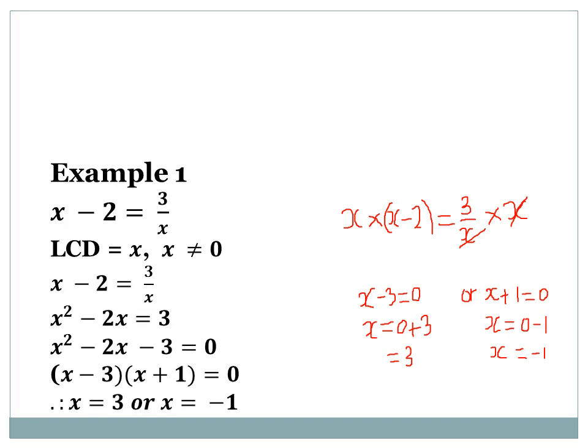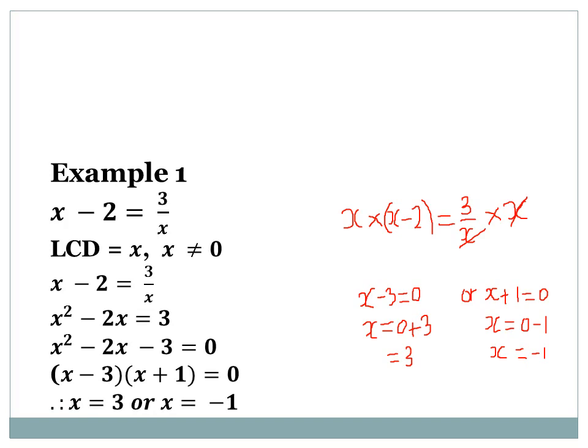And that same two numbers, when we add or subtract, we must have negative 2. So the two numbers are negative 3 and positive 1. Because negative 3 times positive 1 will give us negative 3. And negative 3 plus 1 will give us negative 2.